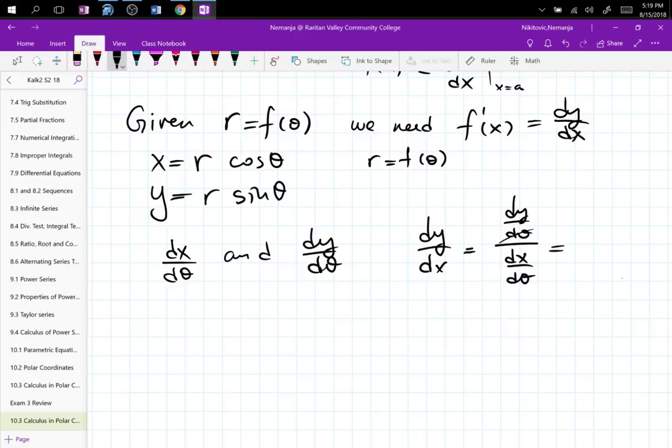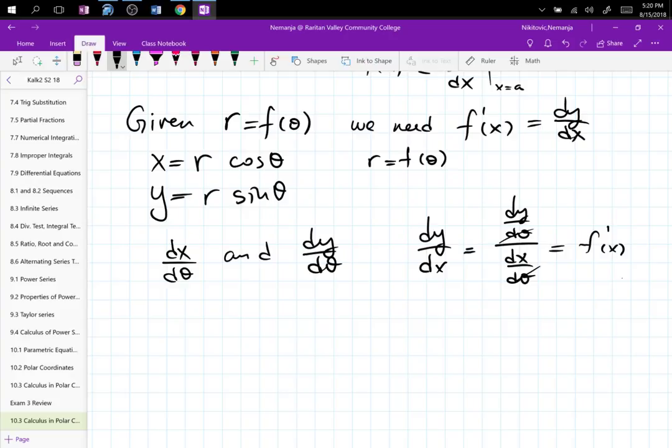The d thetas will drop off and you just get dy dx, which is the derivative. So all I need to do is find the derivatives of the conversion formulas between the two realms, plug them in, because again, what you have is the derivative of y divided by the derivative of x in terms of theta.